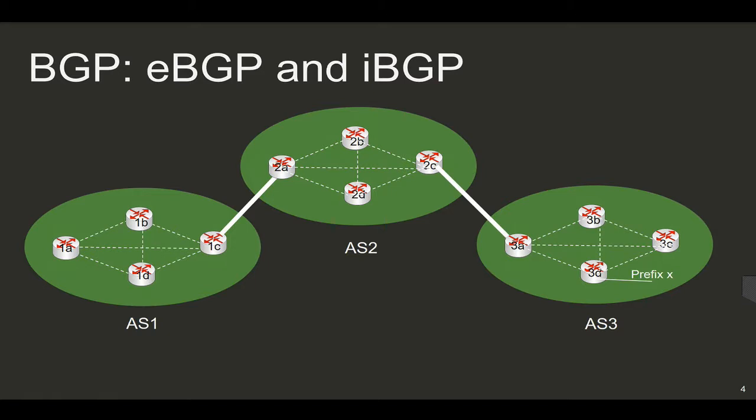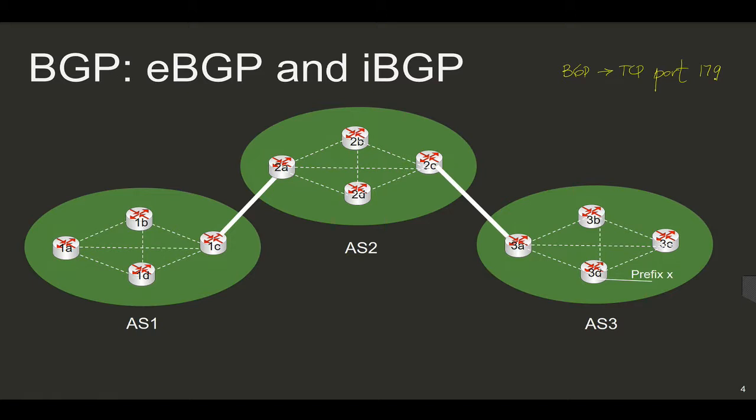Here we're going to illustrate how each pair of routers exchanges routing information over semi-permanent TCP connections. BGP runs over TCP, which is a transport protocol, and it uses port 179 for the connections between the routers.